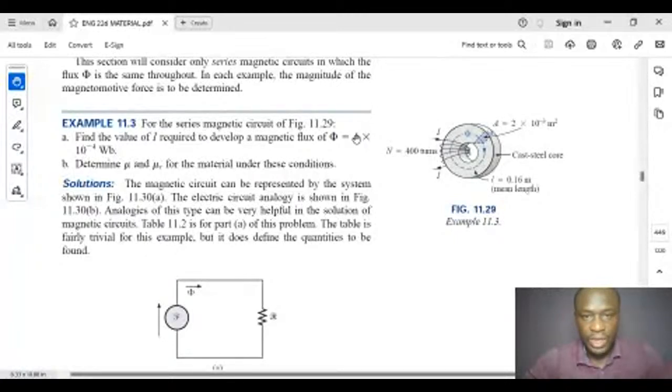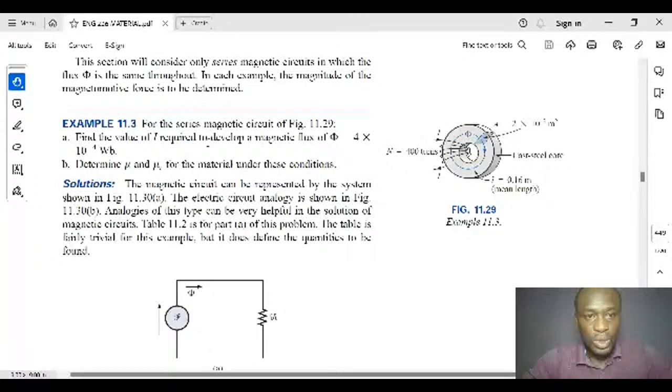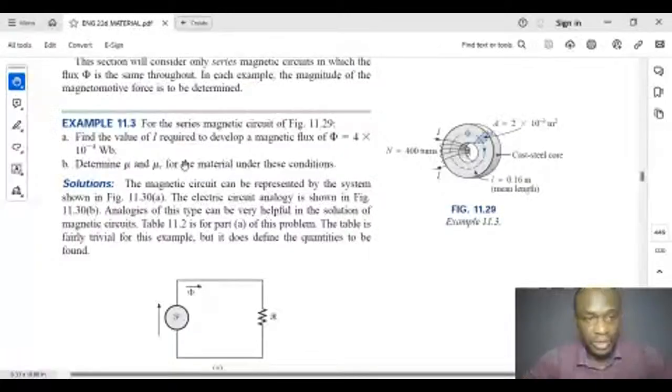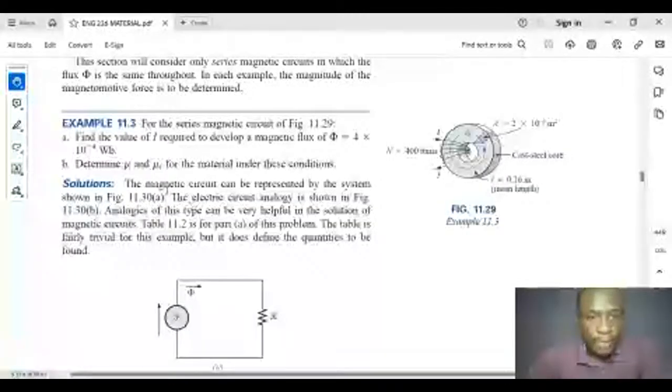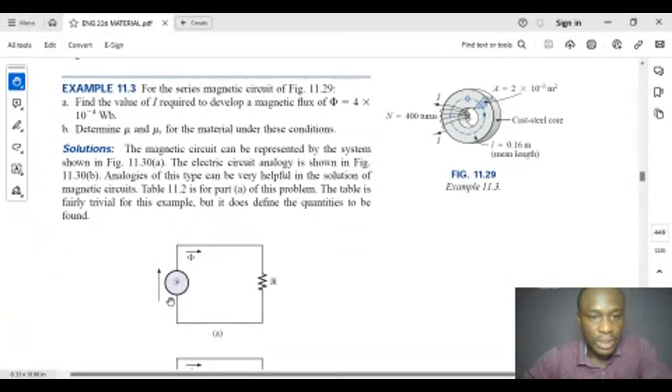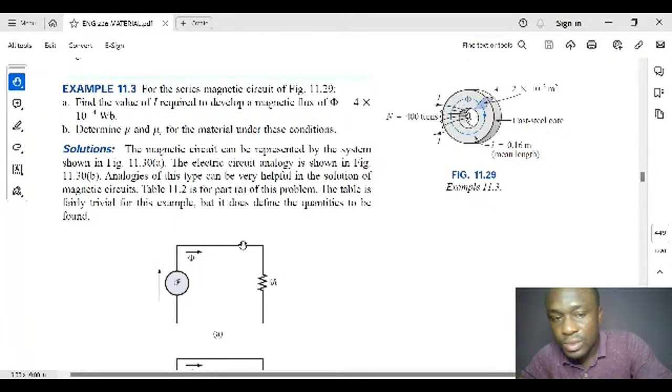Series magnetic circuit of figure 11.29. Find the value of current, given a magnetic flux of 4 times 10 raised to power minus 4. Determine the permeability and the relative permeability for the magnetic condition. So we have the magnetic circuit, which is represented with this symbol here.